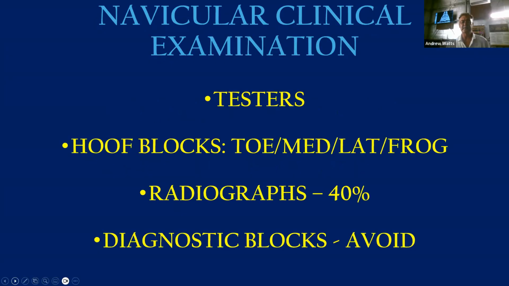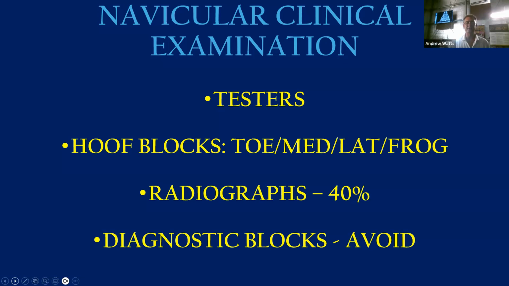In your clinical examination, obviously hoof testers, I think it's really important to get a handle on testers, be comfortable underneath the horse with testers, and get the right responses. In this case, we're looking at across-the-foot testing for navicular, and around the toe, heels and frog, comparing left to right, going back and reaffirming your responses.